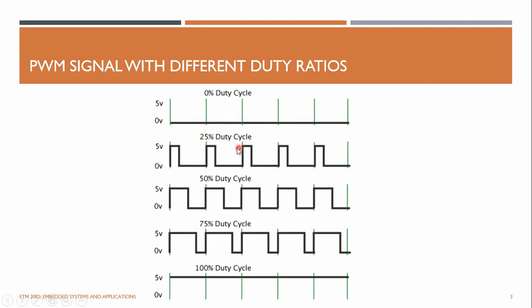With 25% duty cycle, 1/4 of this periodic time is turned on. 50% duty cycle is half on and half off. 75% duty cycle means 3/4 of the period is turned on, and 1/4 is turned off. 100% duty cycle means the full supply voltage is given.